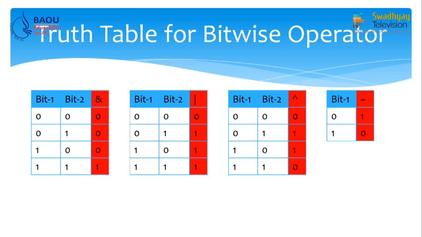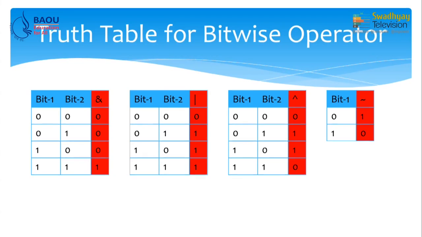In case of exclusive OR, if the bits are similar, we return 0. Here 0 0 is the same, both bits are the same, so we return 0. Likewise, in the last case we have 1 1, so both bits are the same, so again we get 0.